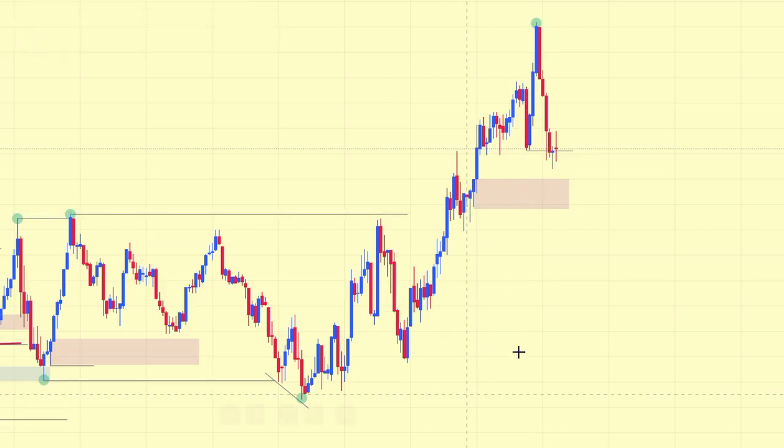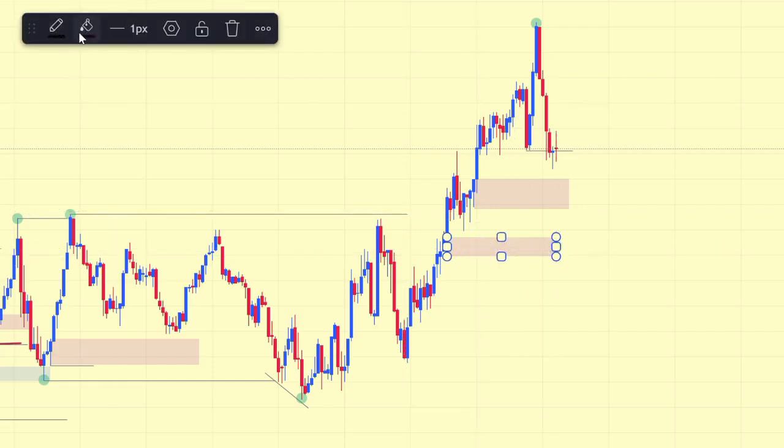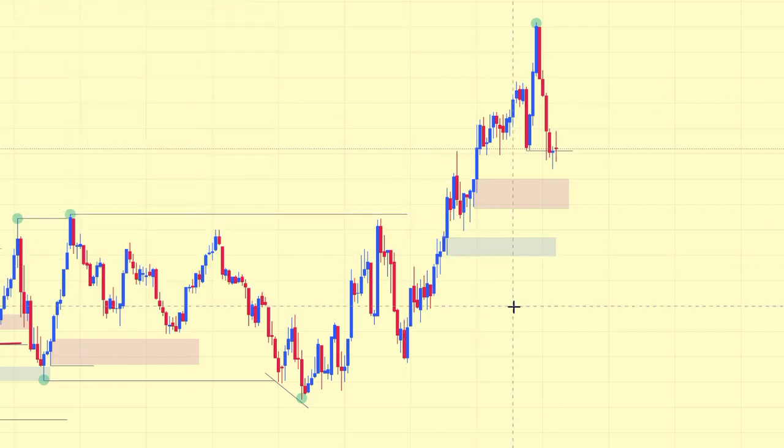And of course, this one here will now be the decisional, because that's the one that caused the break of structure. So I'll be using the color blue to confirm a bullish zone.